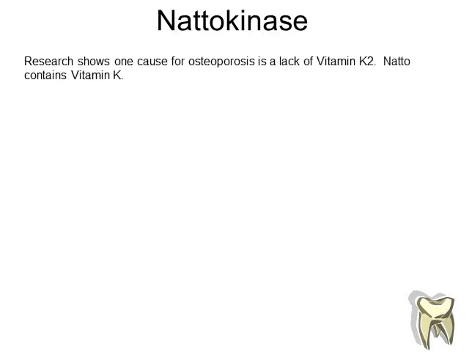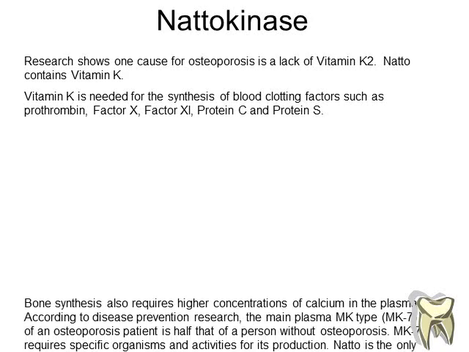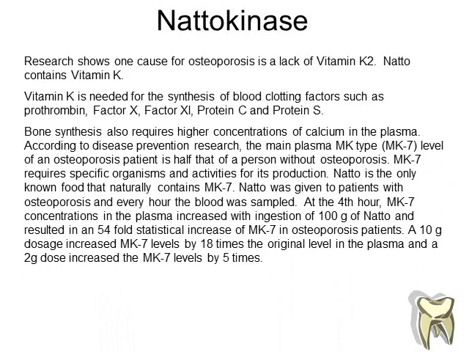The nattokinase, on the other hand: research shows one cause for osteoporosis is lack of vitamin K2. Natto contains vitamin K. Vitamin K is needed for the synthesis of blood clotting factors such as prothrombin, factor 10, factor 11, protein C, and protein S. Bone synthesis also requires higher concentrations of calcium in the plasma.